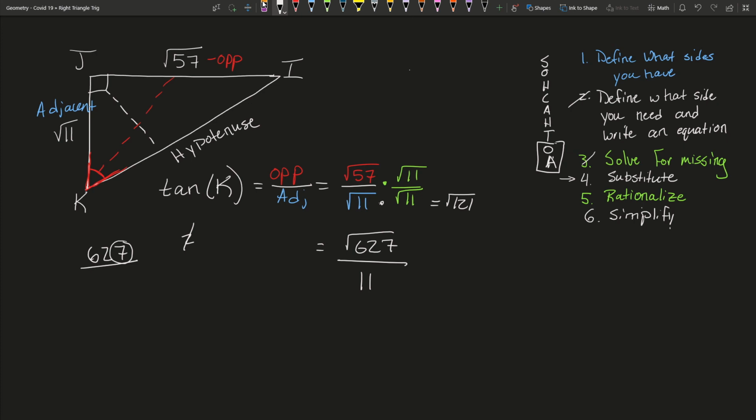If you add up 6 plus 2 plus 7, you get 15. Because this is divisible by 3, this entire thing is divisible by 3. Okay, so 3 is a factor of 627.